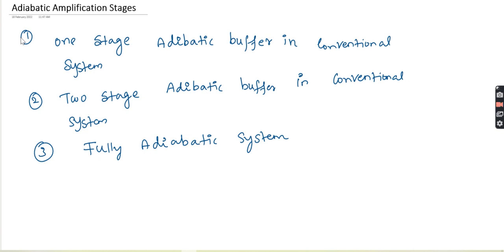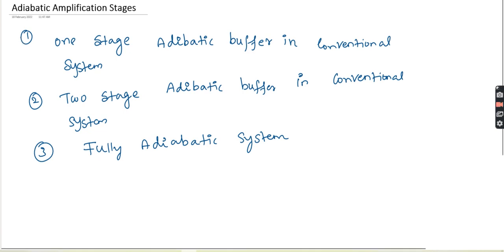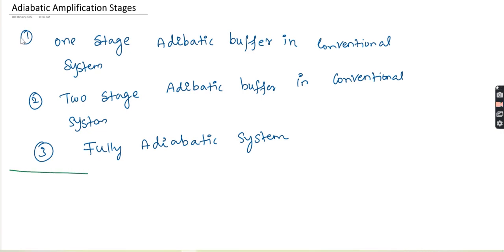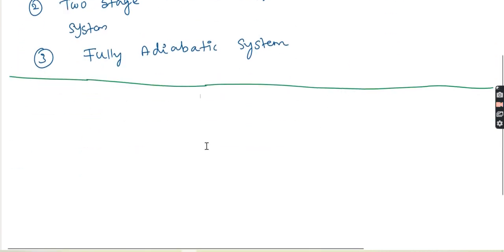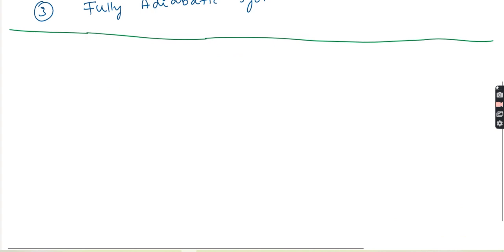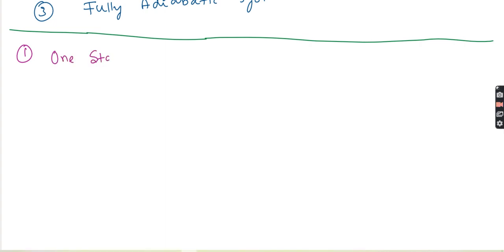So let us go for the first one, that is one stage adiabatic buffer in conventional system.